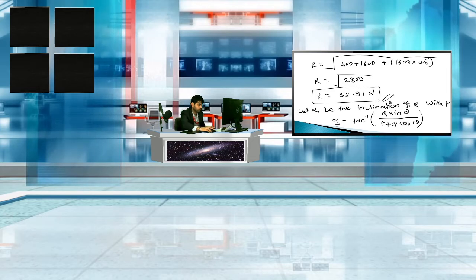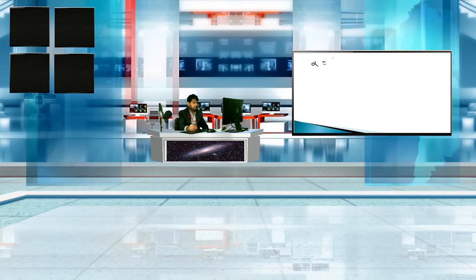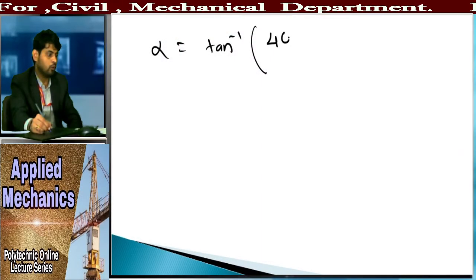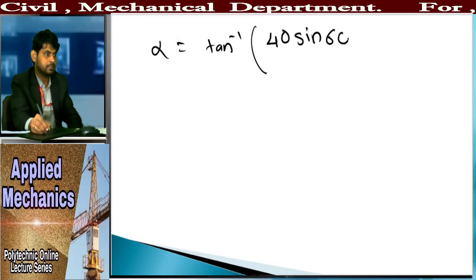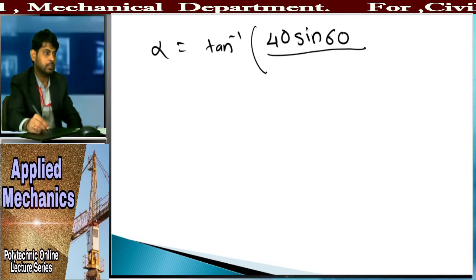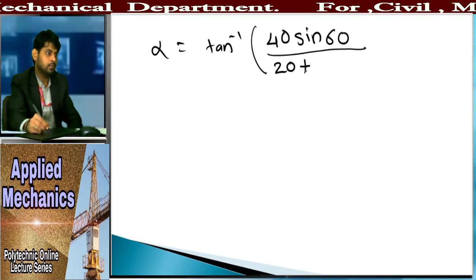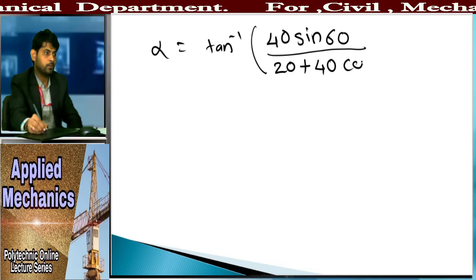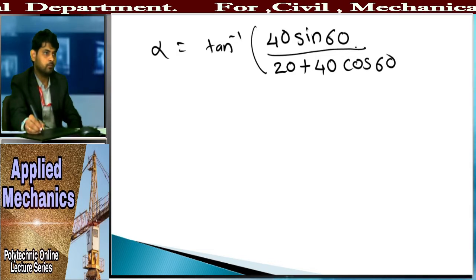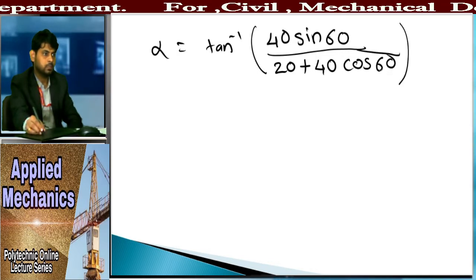So here you can see the value of alpha is nothing but tan inverse of, put the value of Q, the value of Q is 40 sin of theta, the value of theta is 60, divided by the value of P is 20 plus Q cos 60, that is 40 cos 60, right?